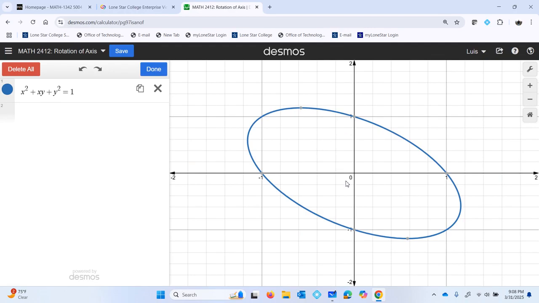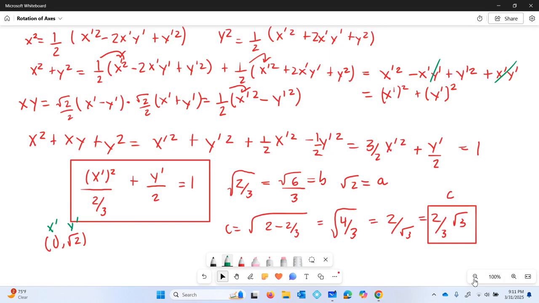So at 0, that's 1, and that's another. But the thing about this is that if you know that this is going to be the 0 and the 2, and you go back in terms of the x and y coordinate system, you plug this in and you're going to get -1.